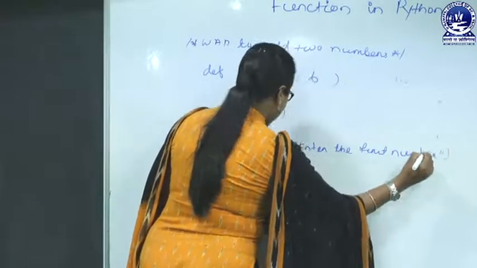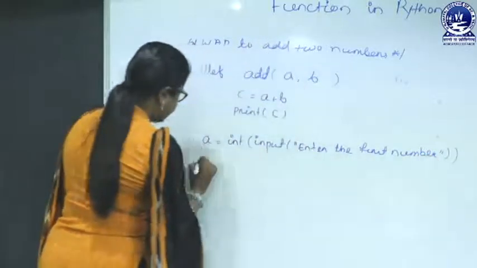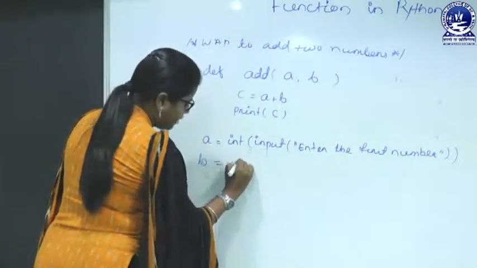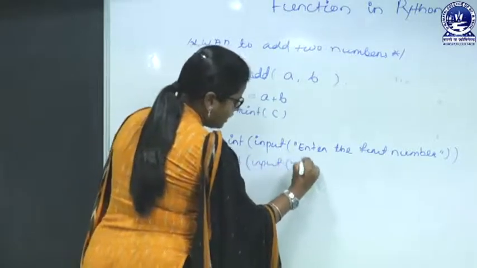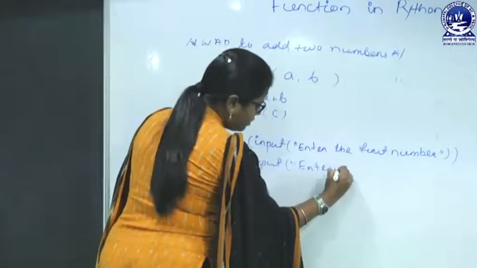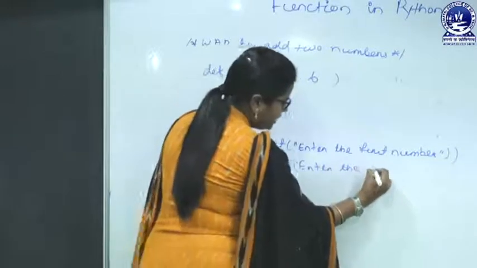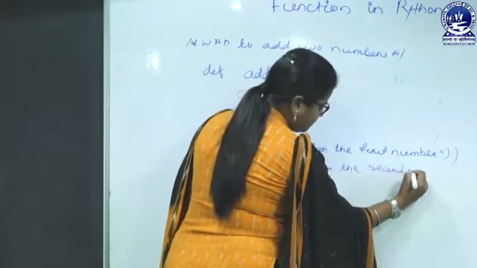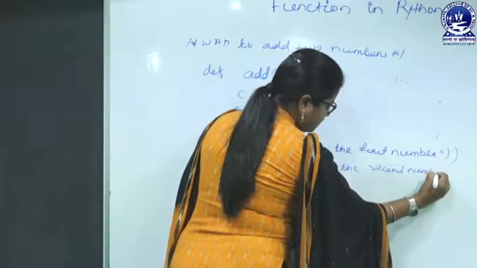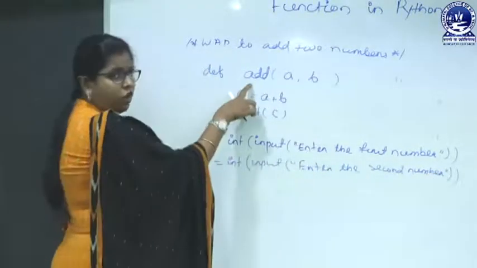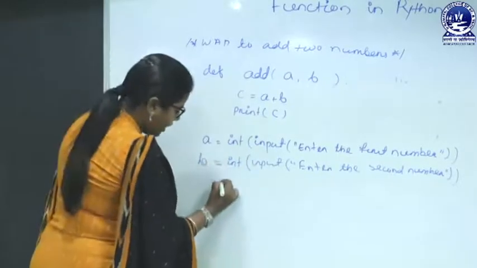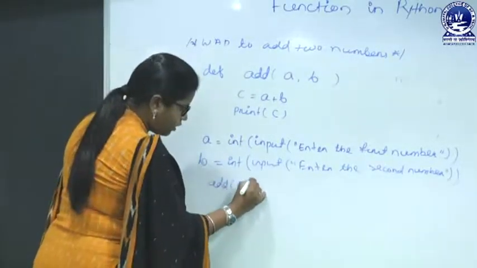Next, for B, again we write the typecast int, then input, enter the second number. Next, we have to call this function. So, add A comma B.